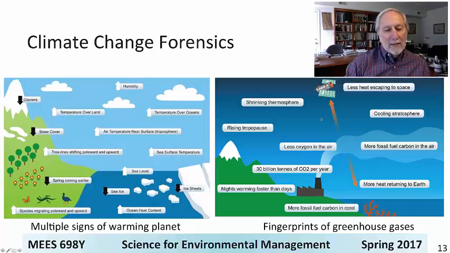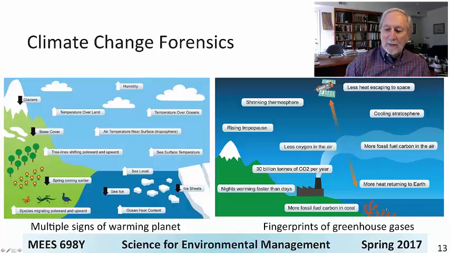Why do we know that this is caused by human activity? Well, we can see that there's less oxygen in the air, so if there's more CO2 from the combustion, the oxidation of the carbon, it's brought down the oxygen levels, so that's an indicator of this being from combustion. We've got more fossil fuel carbon in the atmosphere, measured by stable isotope ratios.